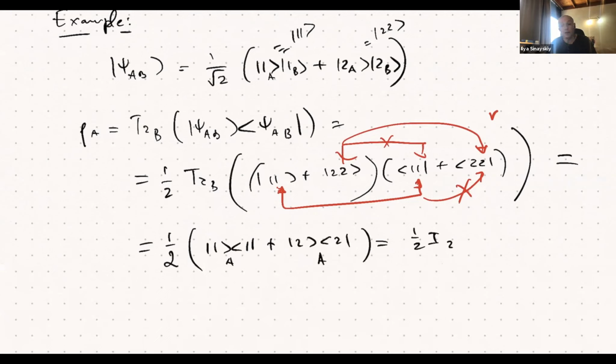In fact, you're dealing with an extremely boring state. And by the way, this state can be written as just 1/2 of the identity. What does it mean? It means that we have no idea about the state of the system, because we're saying with 50% spin is up, with 50% spin is down.